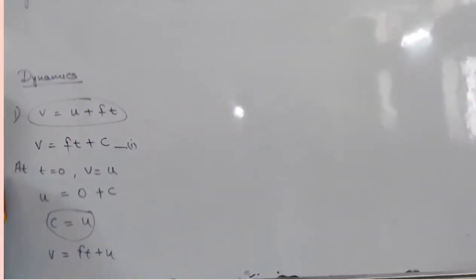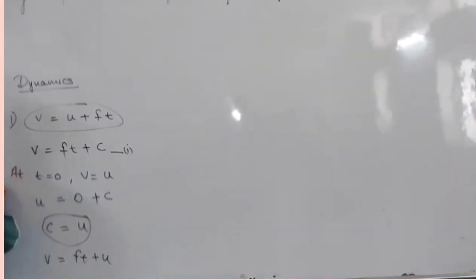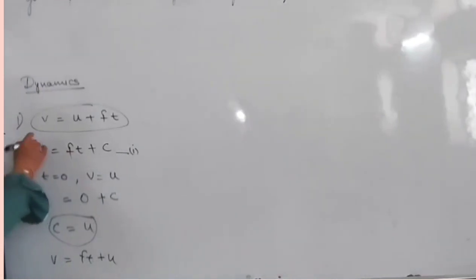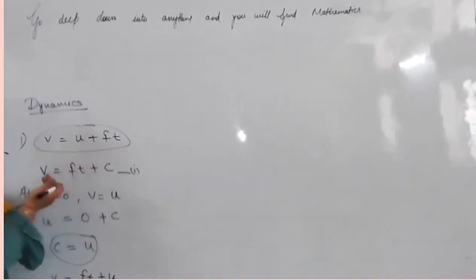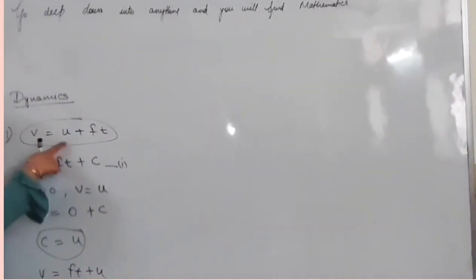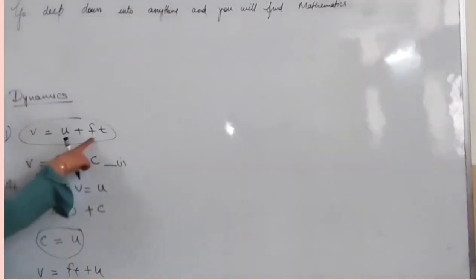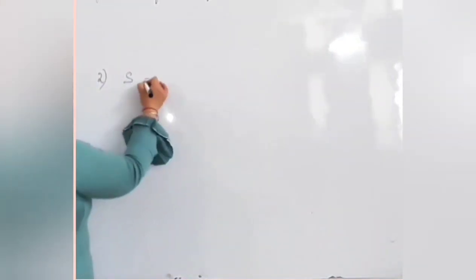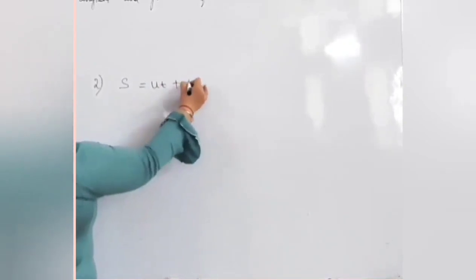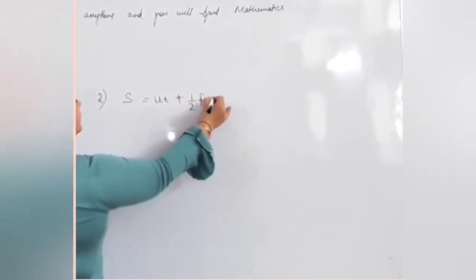Now we will prove our second result. Before that, we will use the importance of this equation. Suppose we are given initial velocity, we are given final velocity, and then also we are given time. We will prove our second result, that is S is equal to Ut plus half Ft square.